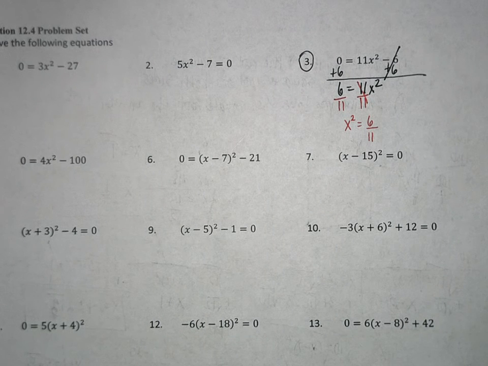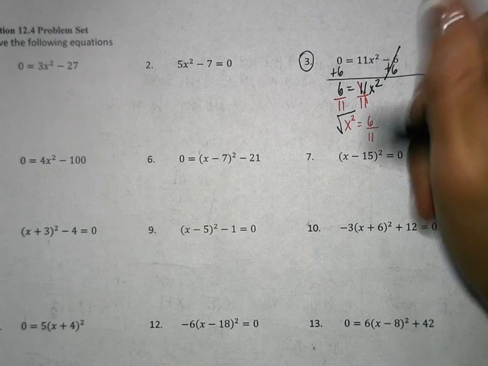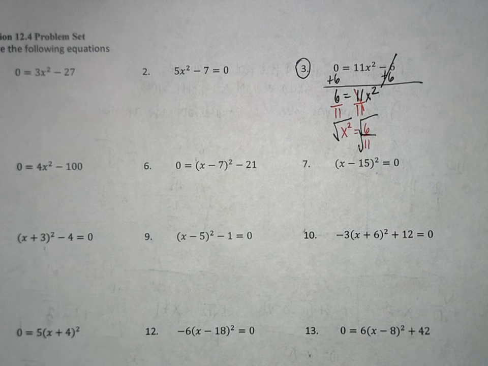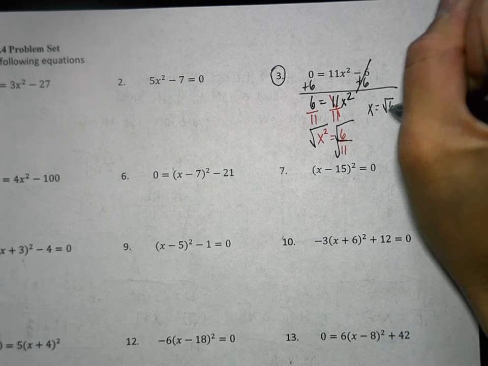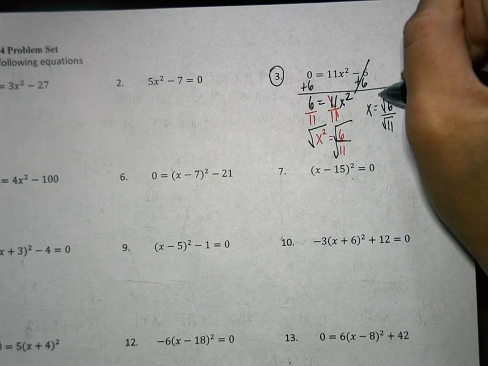Okay, so we want to get x. So when you're taking the square root of a fraction, write it as a square root on each piece. Okay, so that means that I have x equals the square root of 6 over the square root of 11. And what else should I have here? Plus or minus.